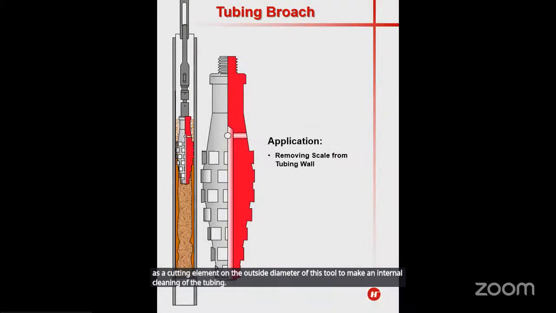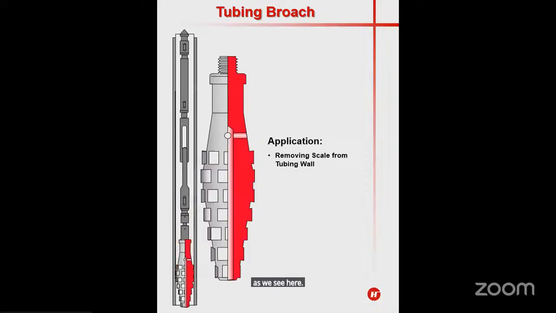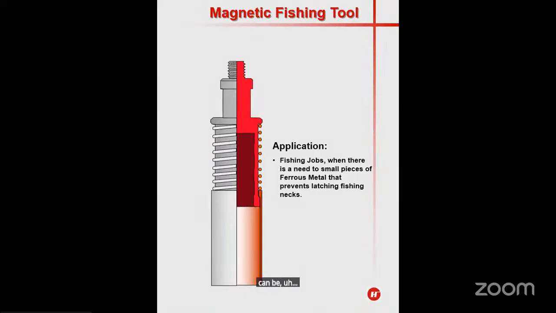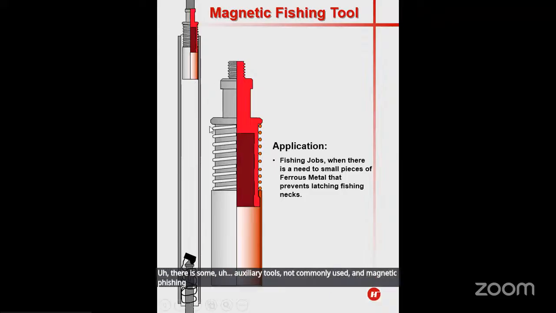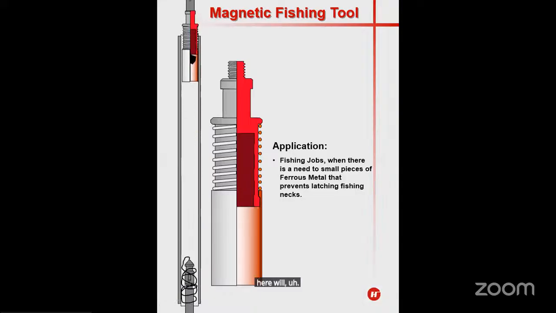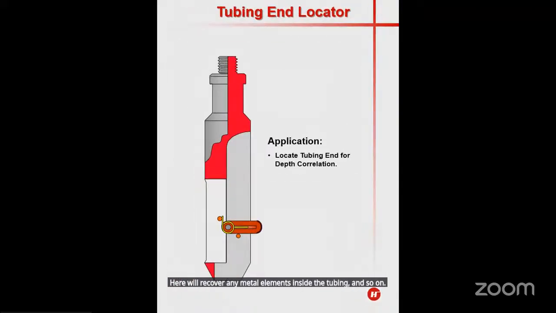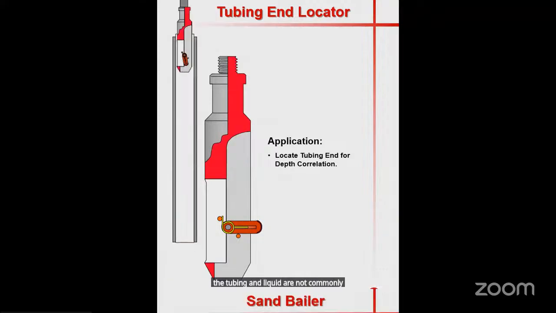As we see here, any sludge or accumulations can be removed by these cutting elements. There are some auxiliary tools not commonly used, such as a magnetic fishing tool. The magnet here will recover any metal elements inside the tubing and so on. The tubing indicator is not commonly used, so I will pass it.